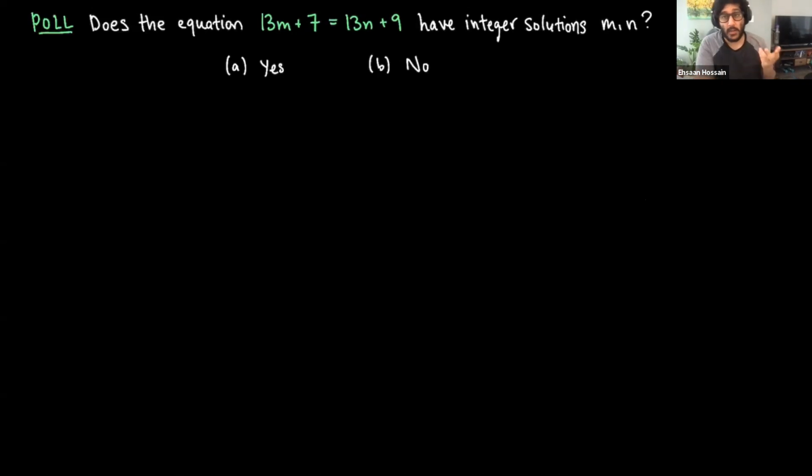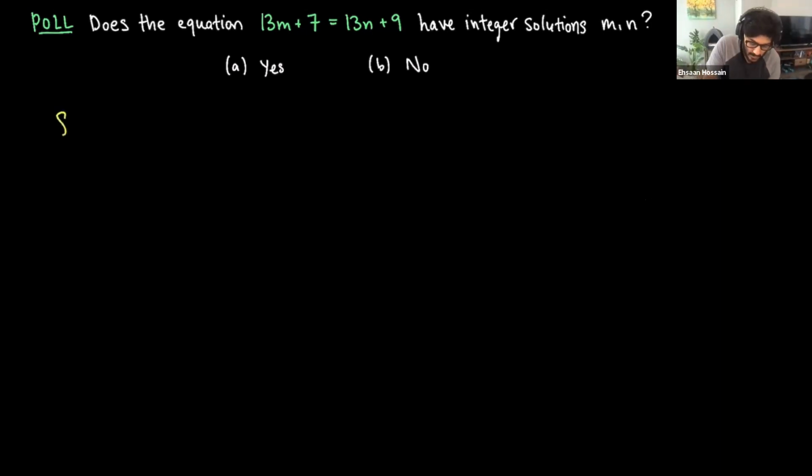Okay. Would someone want to explain their answer? Anybody want to share? So what I did is, you have 13m plus 7 is equal to 13n plus 9. I moved all my terms with m and n onto the left side and all my numbers onto my right side.